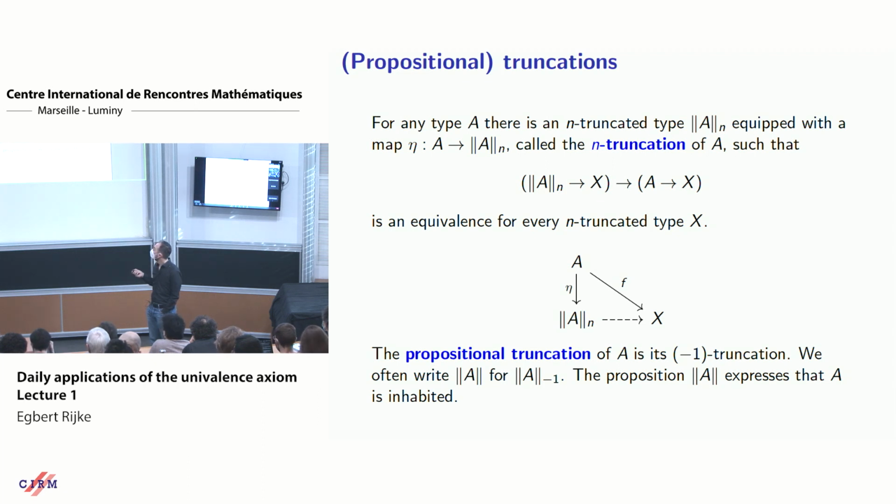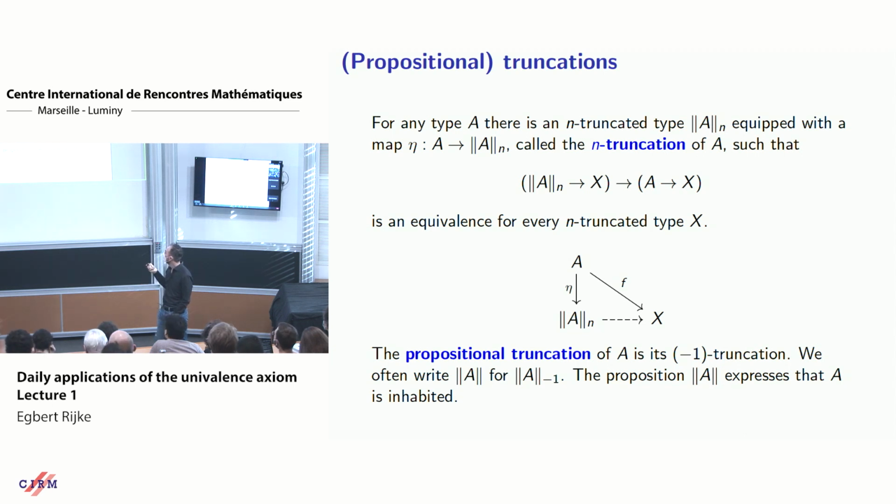For any type A, there is an n-truncated type that we write like this, and you should think of this n-truncation as left adjoint to the inclusion of all the n-truncated types into all the types. So there is an equivalence here, with the left adjoint on the left and the inclusion of the truncated types on the right, which we don't notate. So the universal property is the universal property of that left adjoint.